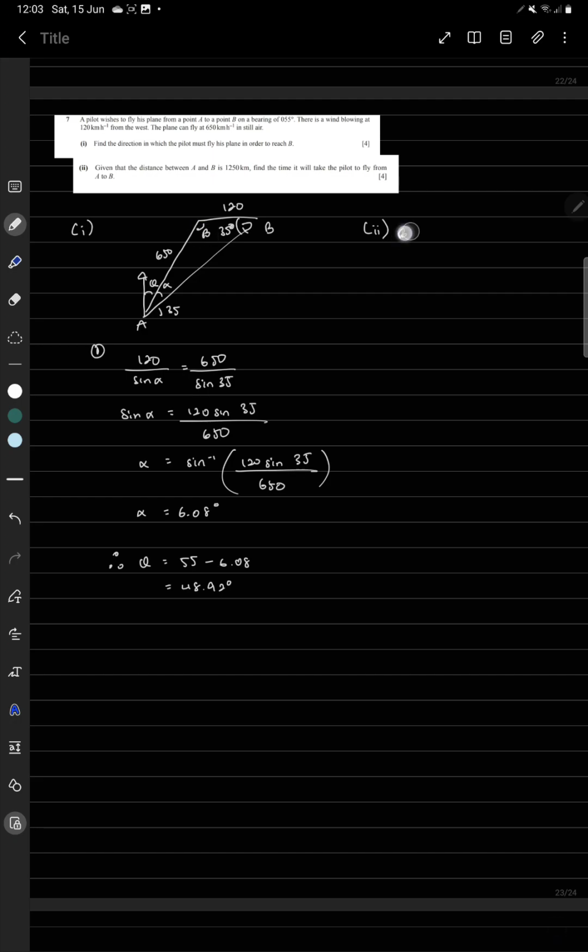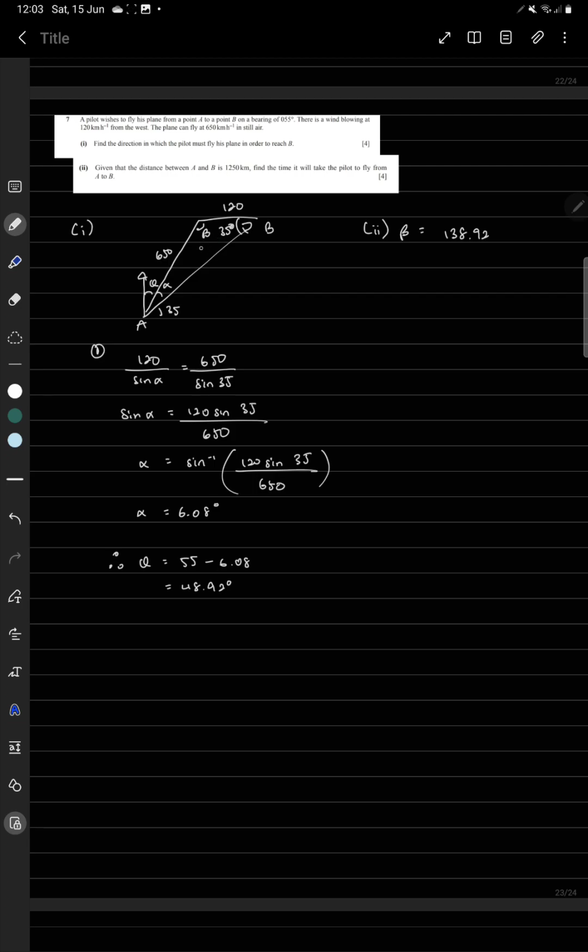So the angle of beta is going to be equal to 180 minus 35 minus 6.08, and that will give you 138.92. Okay, then let's move on.